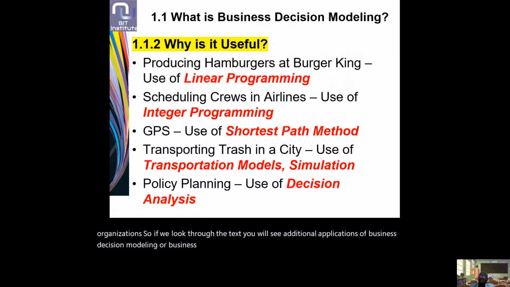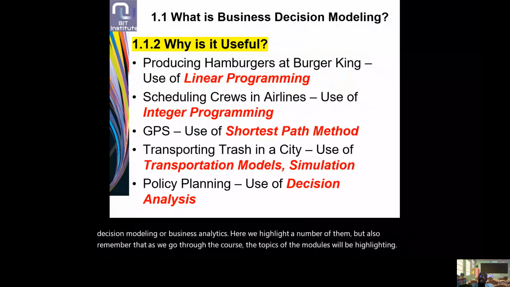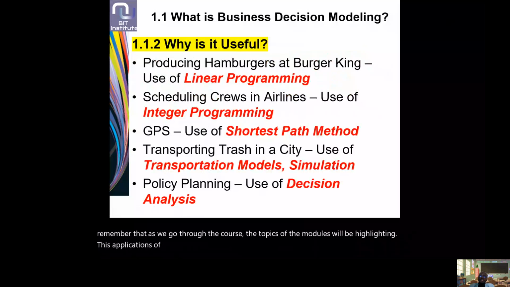Here we highlight a number of them, but also remember that as we go through the course, the modules will be highlighting these applications of business analytics. And the first one you can think of is how restaurants make hamburgers. For instance, many of you are familiar with Burger King.